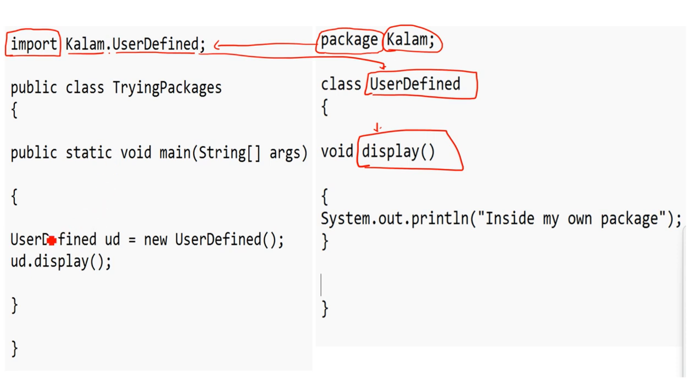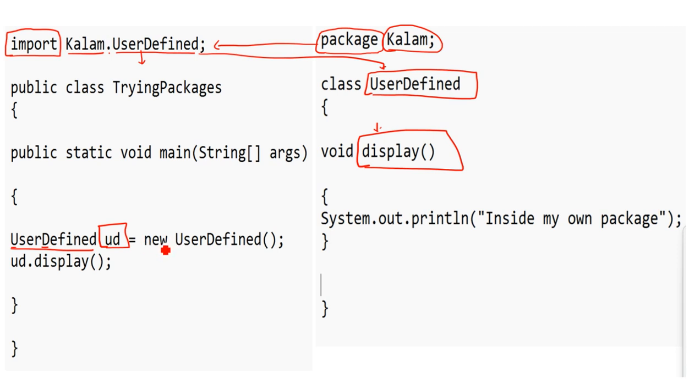Now in the main method, what did I do? For the class that I just imported, I am creating an object reference, and this is my object reference ID. It can be anything of your choice. In this case, I have used UD, the first letters of the two words of the class name, equals new.